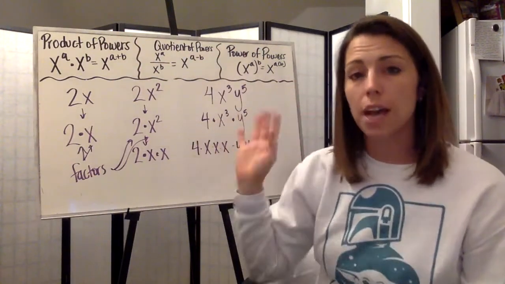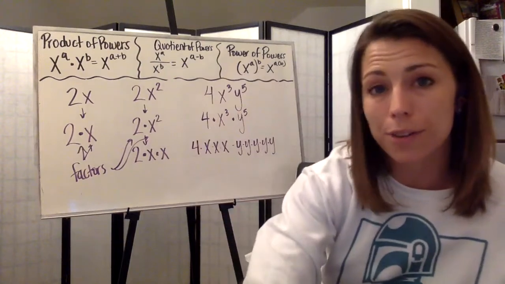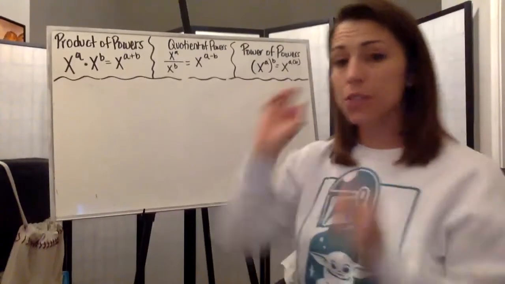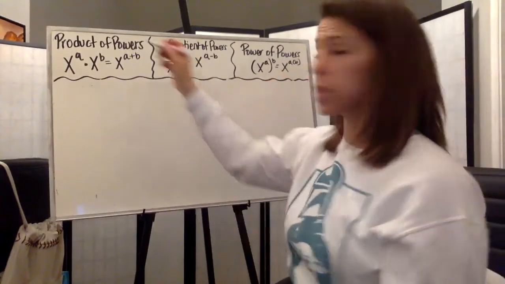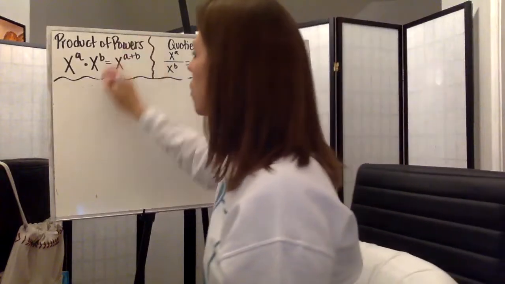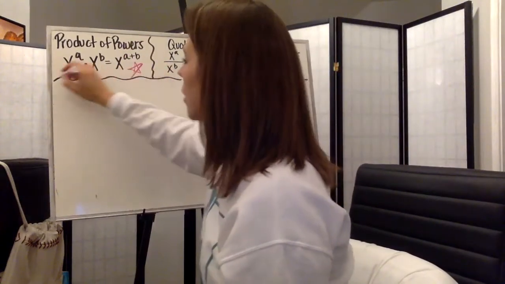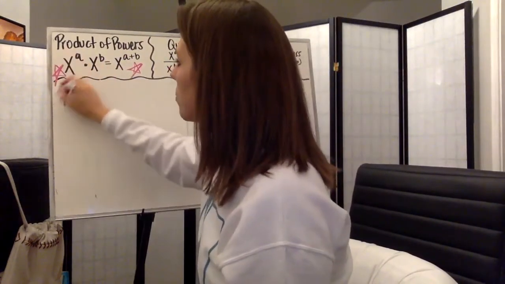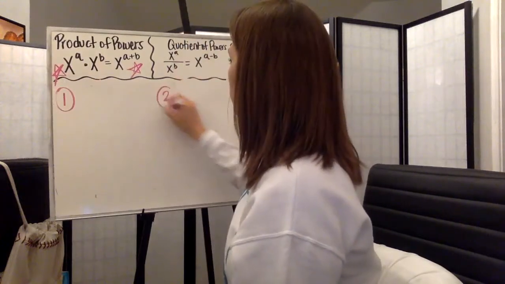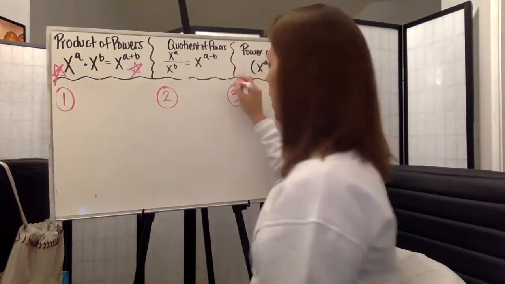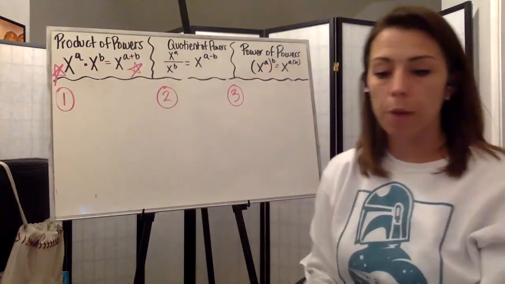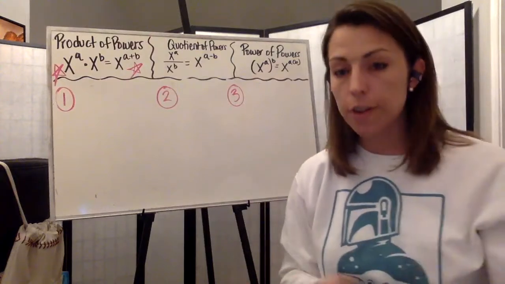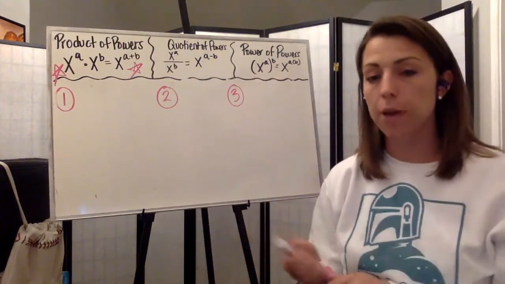Okay, so once you have this written down, go ahead and get some space ready for our first example. Okay, so to start off, we're going to look at examples that are just products of powers. So we're going to go over 3 examples, 1, 2, and 3, that are all product of powers properties. They may not look like it at first, but they are actually product of powers properties.